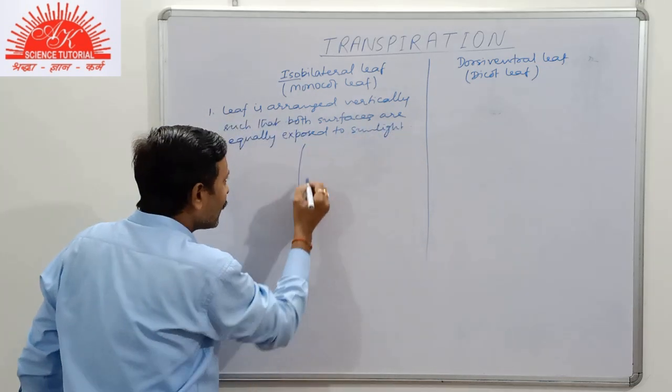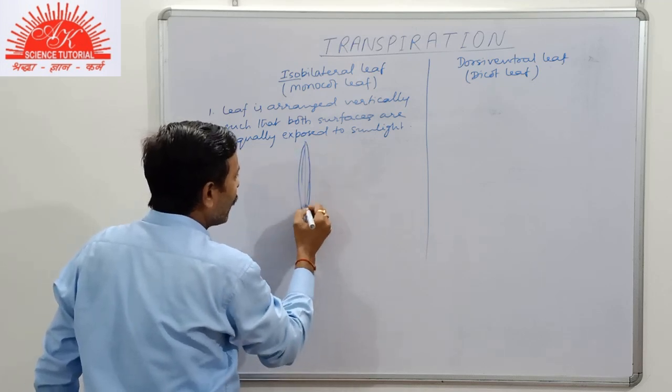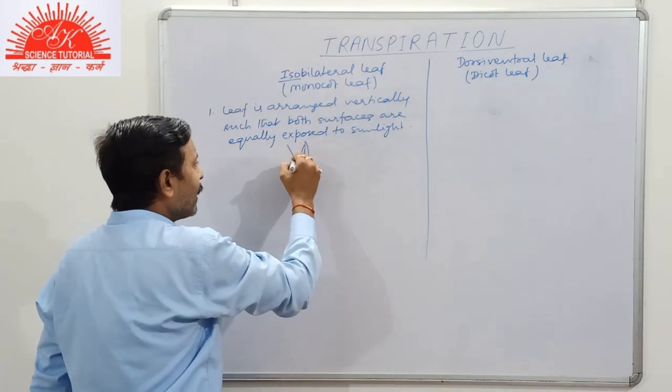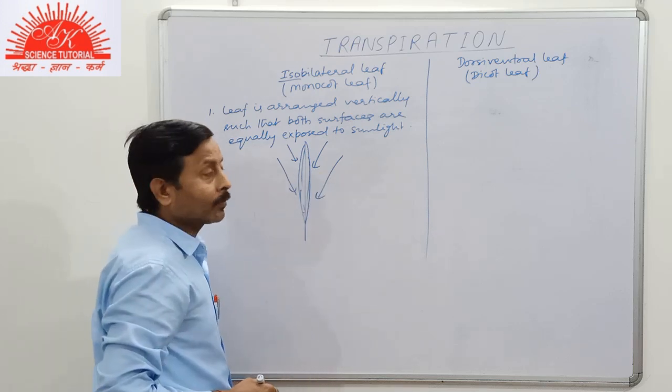That is, in this case the leaf will be arranged like this. This is the vertical arrangement such that it will be exposed to sunlight on both surfaces equally.